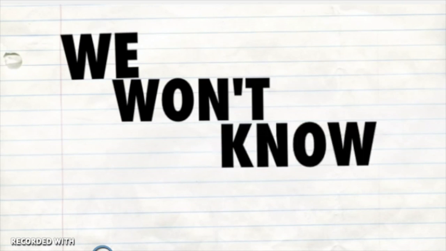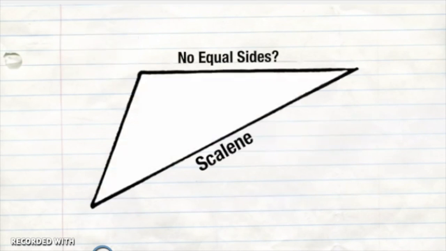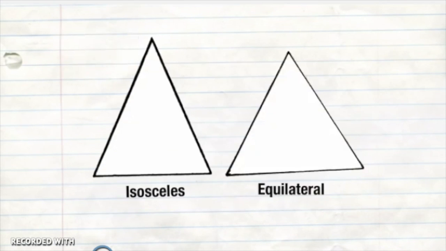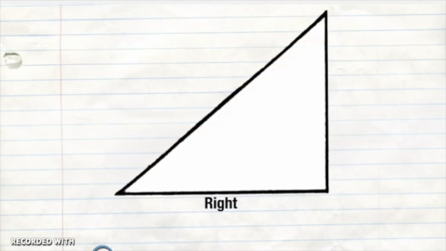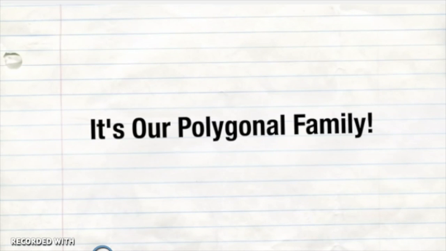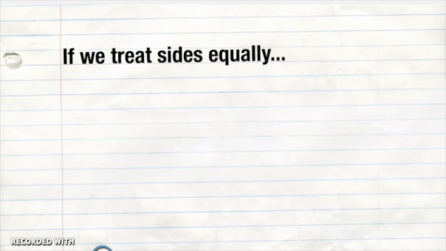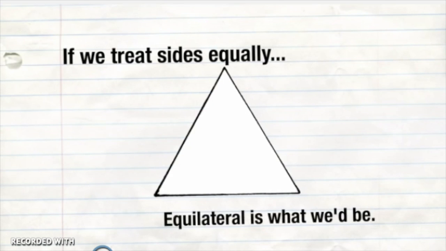Do we know just what that means? Are there no equal sides, or are there 2 or 3? Are the angles greater than or less than 90, or is there one that measures exactly 90? Will always be triangles, it's a polygonal family. If we treat sides equally, equilateral is what we'd be.